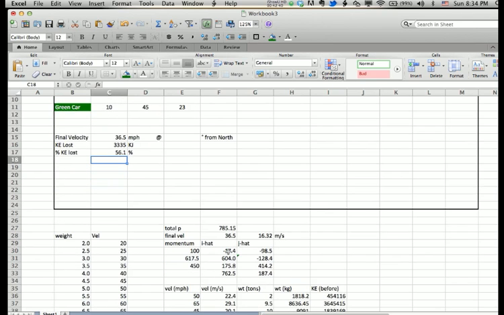Here's our red car, our blue car. Let's see, I should have done that. Red, this was blue, right? And this was green. And this is total. Okay. All right.